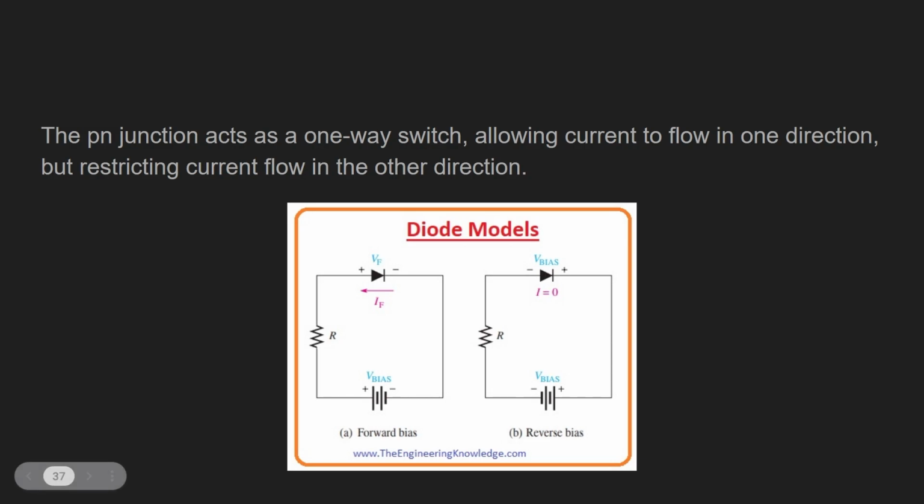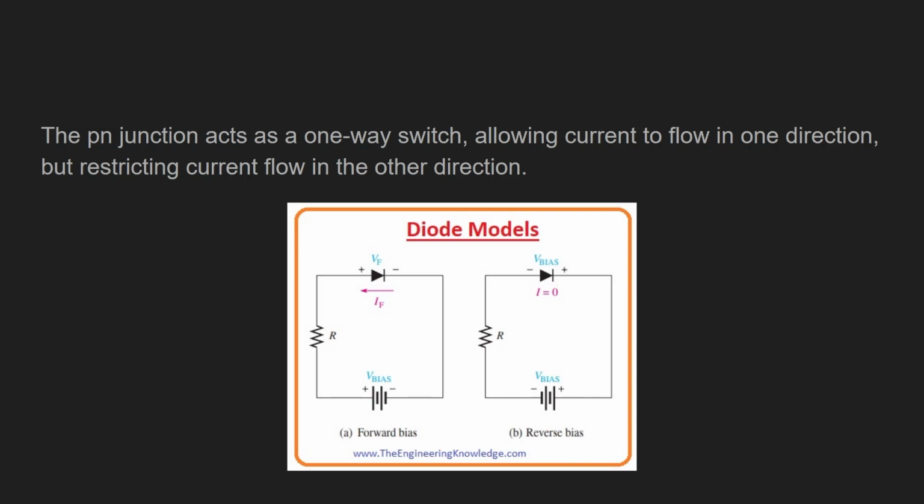Diodes: you see that the NP junction acts as a one-way switch, which allows current to flow in one direction. Okay, which is the basic understanding. Forward bias. This arrow is wrong.